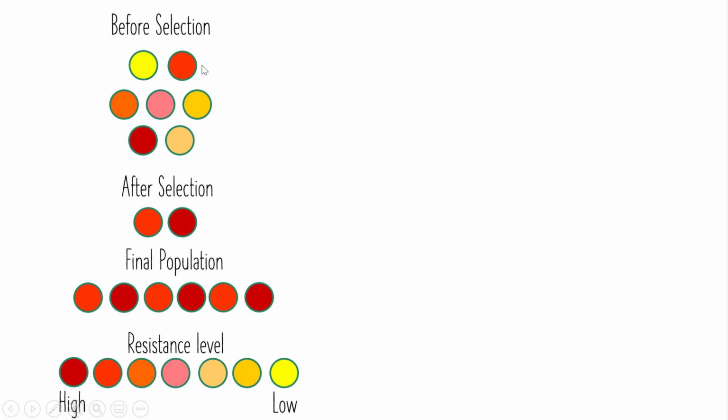You have nearly 7 strains of bacteria, and you are going to be treated with antibiotics. Imagine you have used an antibiotic called penicillin. Now penicillin has a wide spectrum. It can kill wide varieties of bacteria.